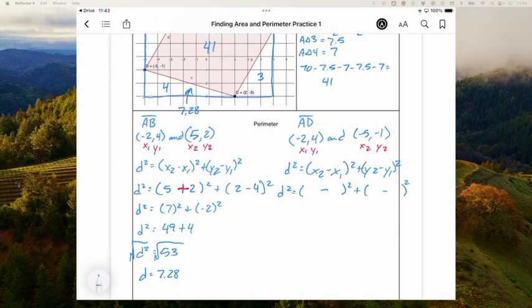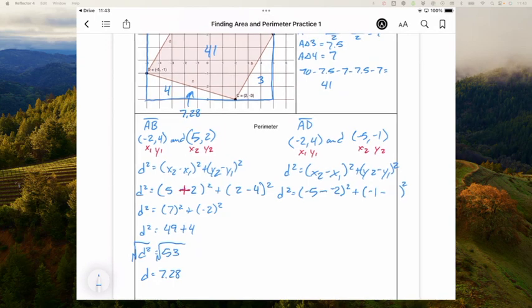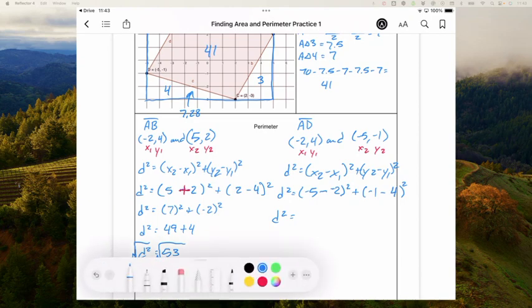Okay, x2 is -5. x1 is -2. Y2 minus y1 is -1 minus 4. We're going to have the double negative become a plus.